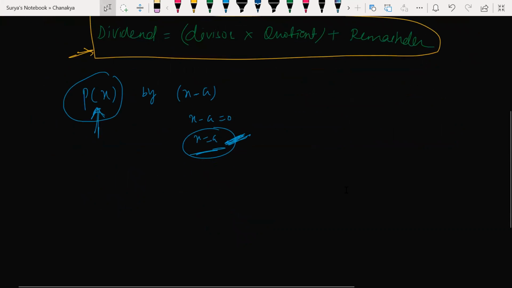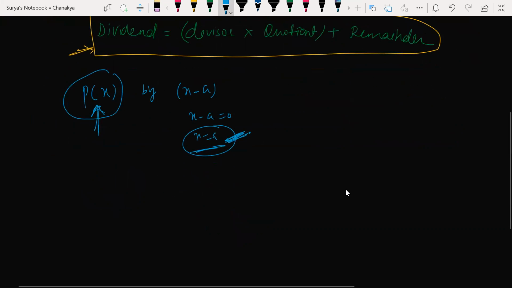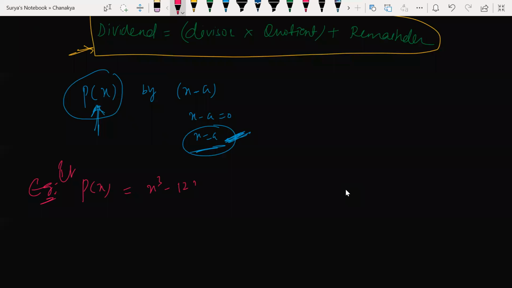Now, let me tell you an example. If any polynomial p of x, let's say x cube minus 12x square minus 42, is divided by x minus 3, then what is the quotient going to be?